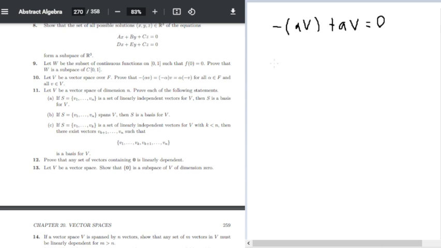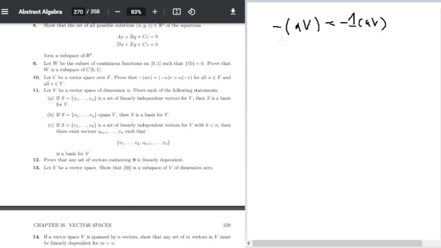Oh gosh, let me think. Wait, negative AV. We want to show that negative AV is equal to negative 1 AV. That's probably the simplest thing we can do in this.